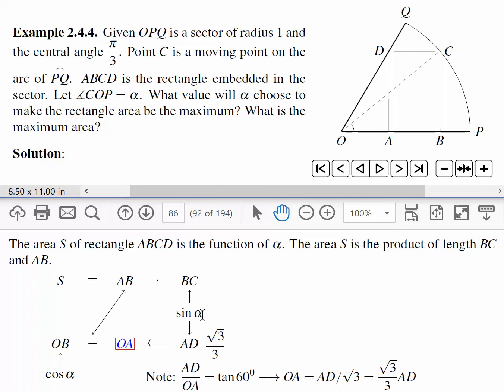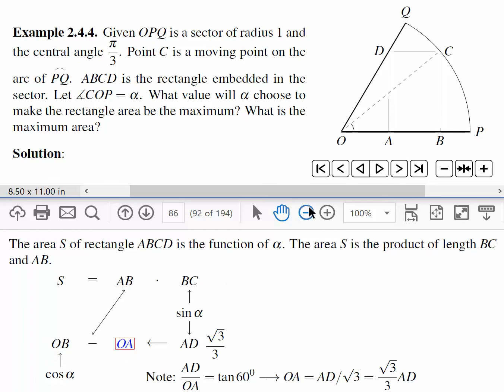Now we know AB is the difference of OB minus OA. OB, the longer one, minus OA, the short one. So the difference will be line segment AB. So the line segment is OB minus OA.